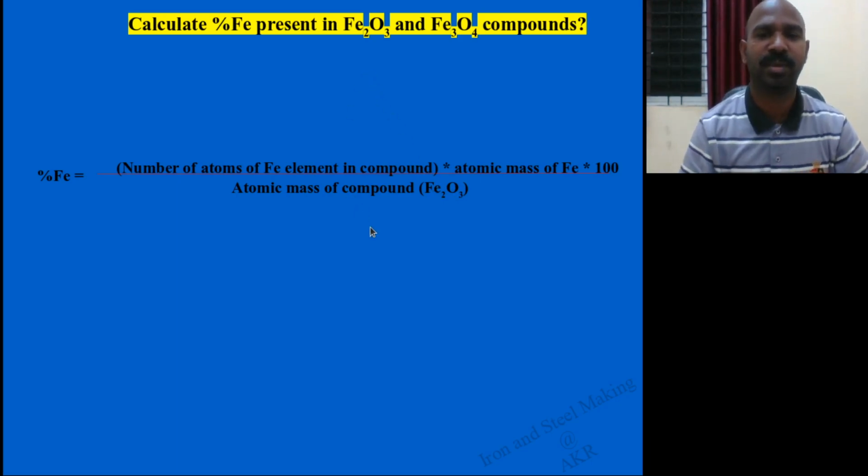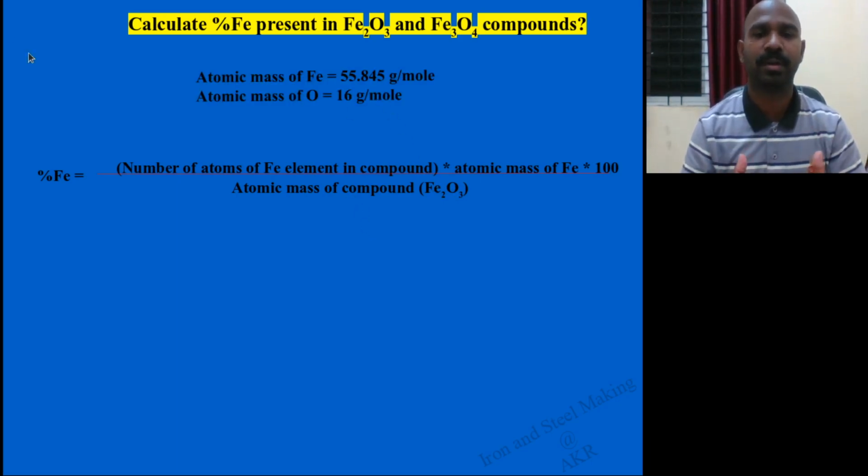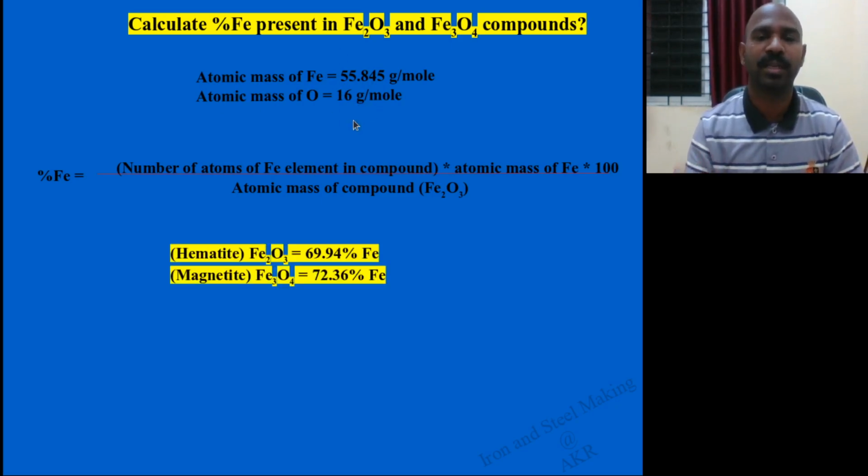By that you can calculate. The atomic mass of iron is 56 and of oxygen is 16. When you substitute, you get the iron percentage in Fe2O3 as 70, and in the case of magnetite 72 percentage.